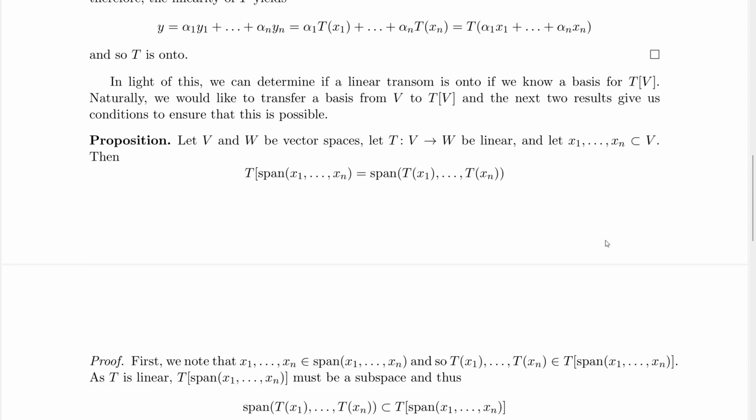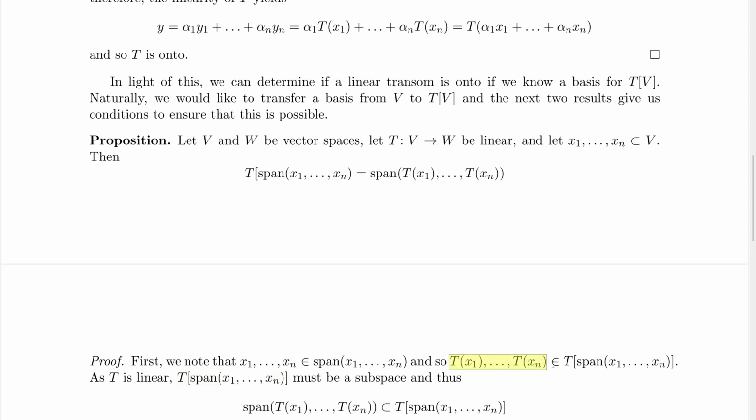So first of all, let's note that x1 to xn obviously live in the span of the set. And here's the trick. The outputs live in the image of the span. Now, T is linear by hypothesis, and span we know is a subspace. So the image of the span under the mapping T must also be a subspace.